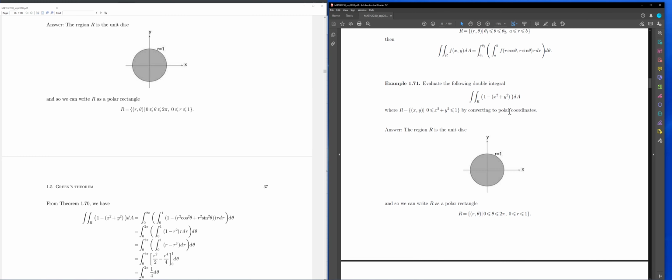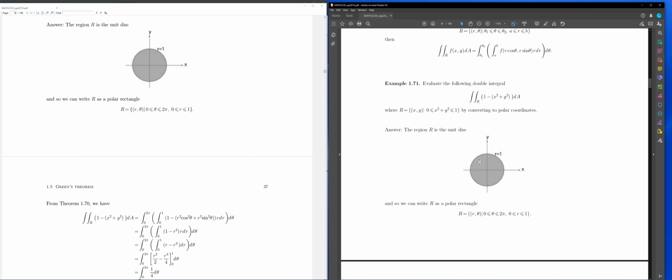Let's continue working on this example. We have your double integral here, with the function 1 minus x squared plus y squared, and I'm integrating over region R. The region R was specified as a set using xy coordinates, so the first thing I did was sketch the region, and I got that it was a unit disk.